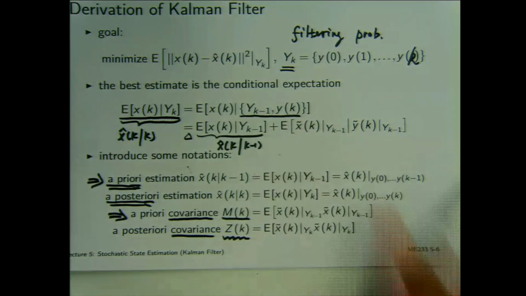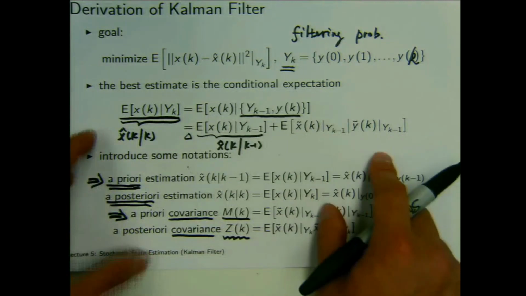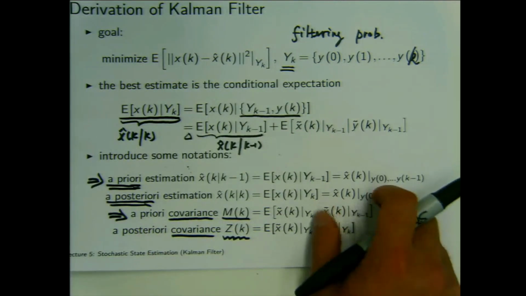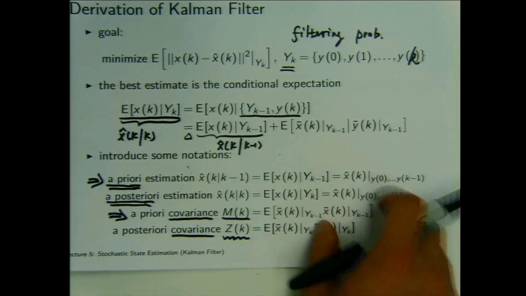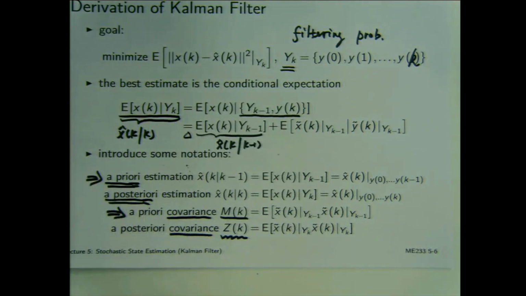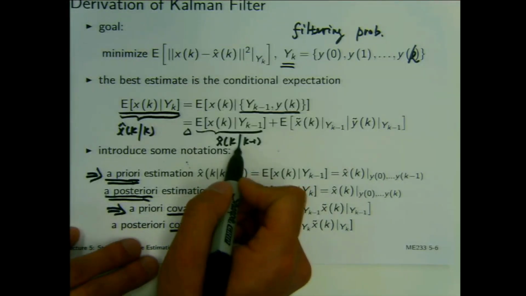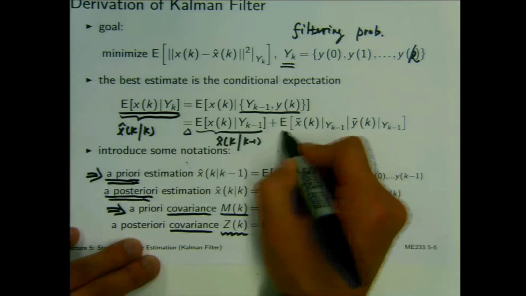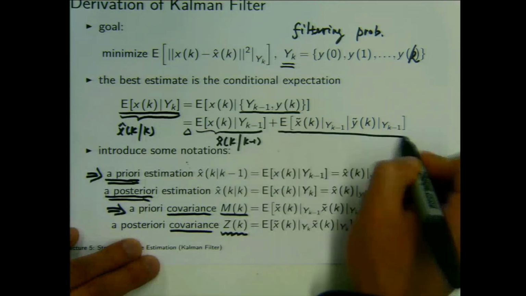Using these notations, we can simplify the equation here greatly. Look at this result here. The a priori estimation we already know, so we only need to worry about this additional term.